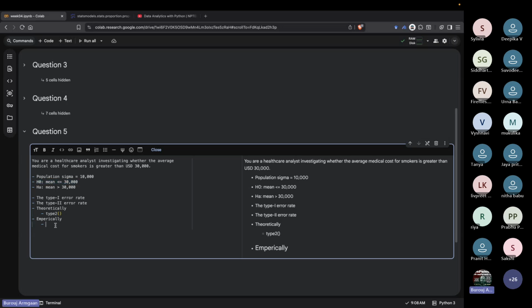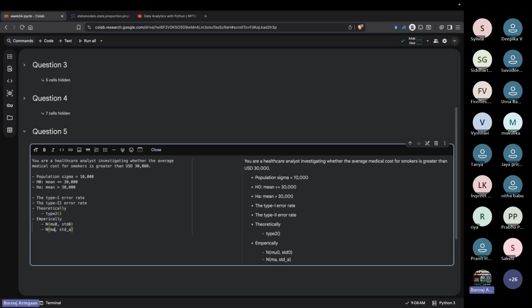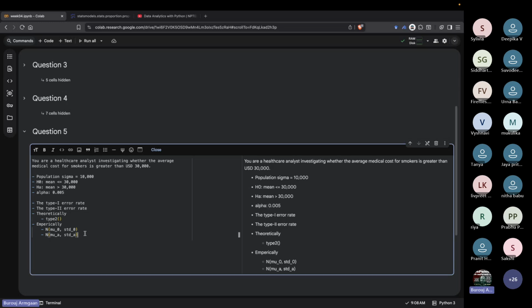Empirically, essentially, what you're saying is, suppose my hypothesis is this. This means that I am assuming a normal distribution that has a mean of mu 0 and a standard deviation of std 0. I have another alternate normal distribution which has a mean of mu a and a standard deviation of std a. Can you utilize these two values along with this information, that is this alpha, to calculate essentially the overlap between these two distributions?